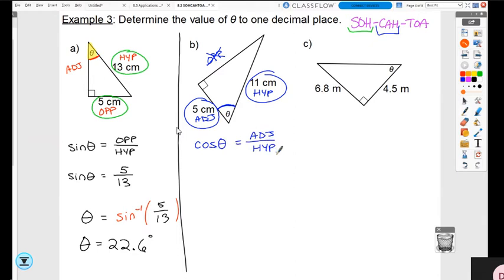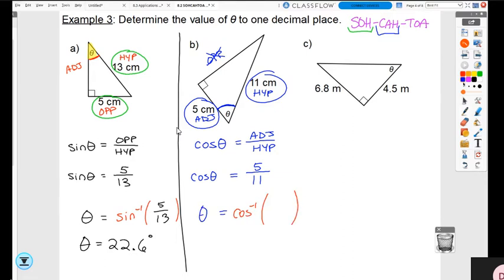And now we're going to fill in everything that we can. We don't know theta, so it'll remain theta. The adjacent side is 5. The hypotenuse is 11. Now, if we want to solve for theta, we're going to move the cos over, and it becomes cos inverse.